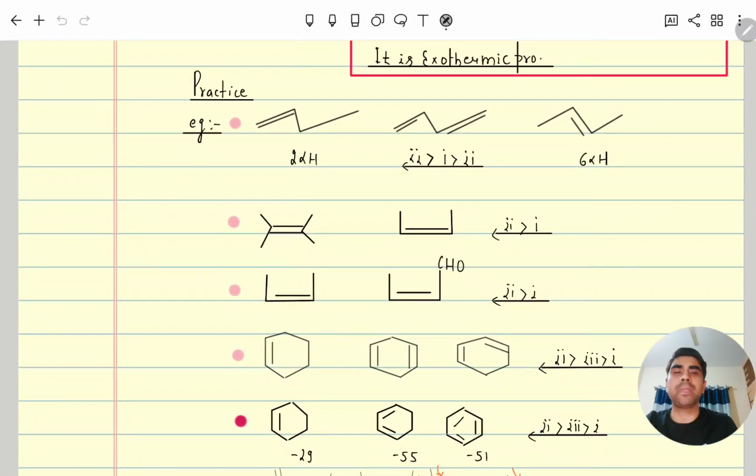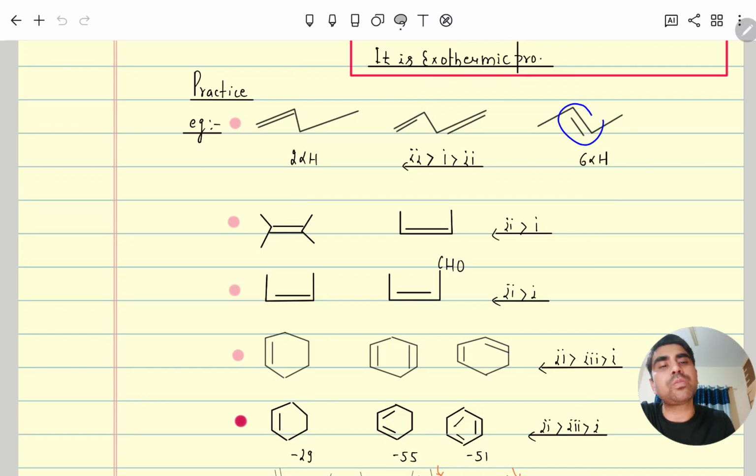So here you can see that it has how many? 2 alpha hydrogen. Here how many pi bonds? 2 pi bonds. All are non-aromatic, so the more the number of pi bonds, the more the heat of hydrogenation. So first 2, then here it has 2 alpha hydrogen, and here it has 6 alpha hydrogen.